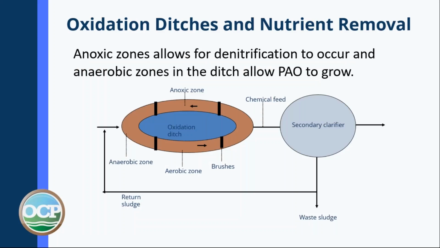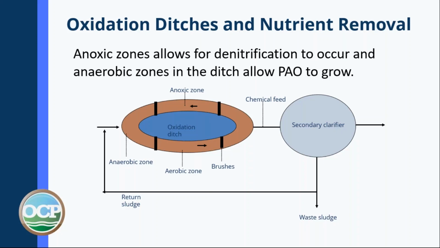Oxidation ditches can be programmed for nutrient removal. As the wastewater comes in, it comes into an anaerobic zone, again, to give the PAOs a chance to reproduce and to grow. Then they hit the aerobic zone. The brush is putting oxygen into the air. Then after it has time to nitrify, they'll go into an anoxic zone where the DO is 0.5 or less.